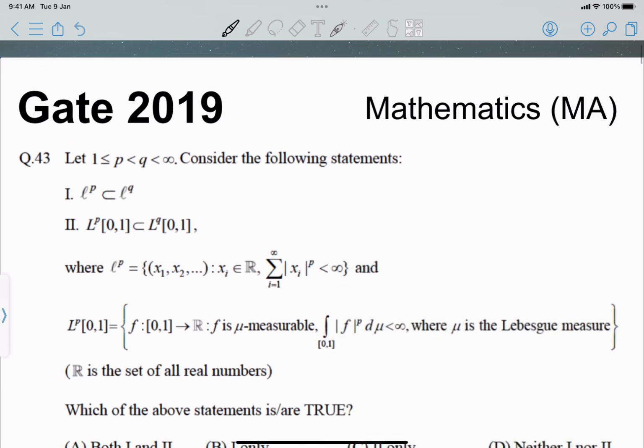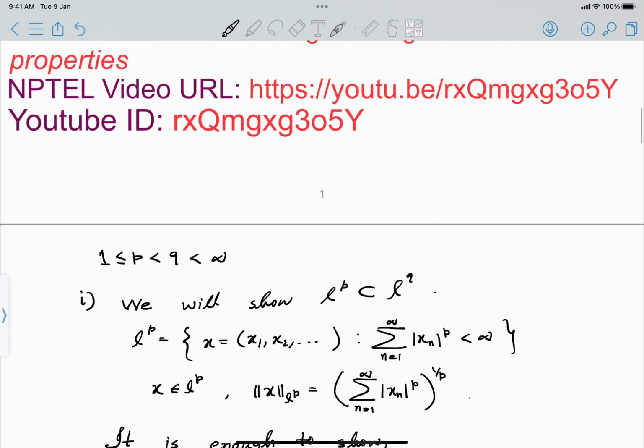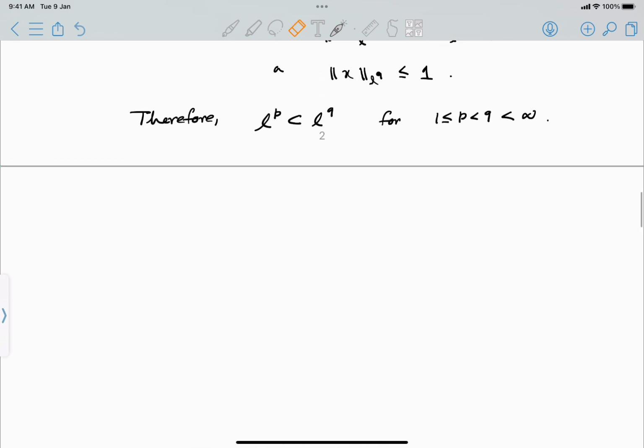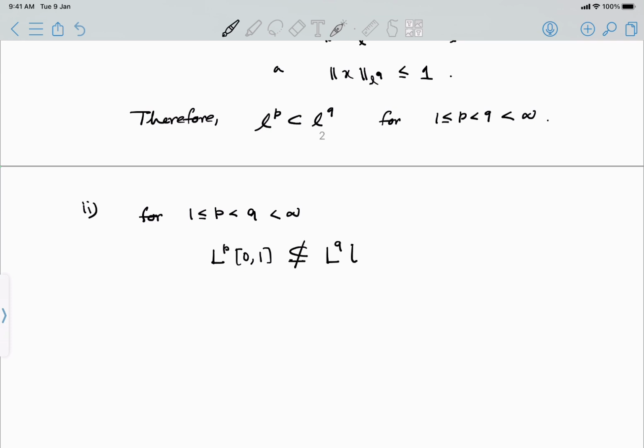Now for capital Lp, we will show that the second one is not correct. For 1 ≤ p < q < infinity, capital Lp of (0,1) is not a subset of Lq(0,1).